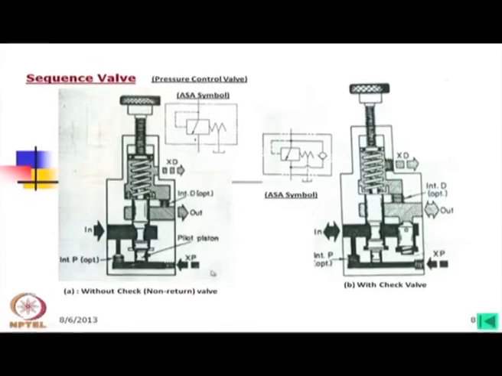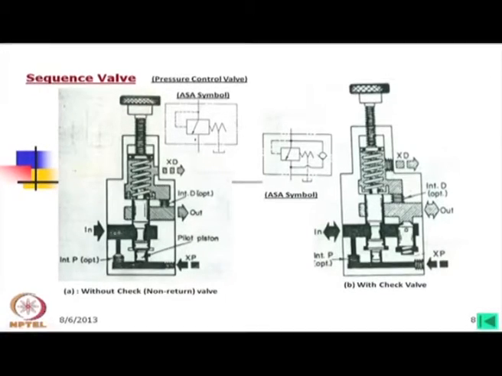Now, at that point you can see one port for an external signal, and this is the internal port, which is optional. We can keep it open or we can keep it closed. Now, this is the pilot piston. Okay.